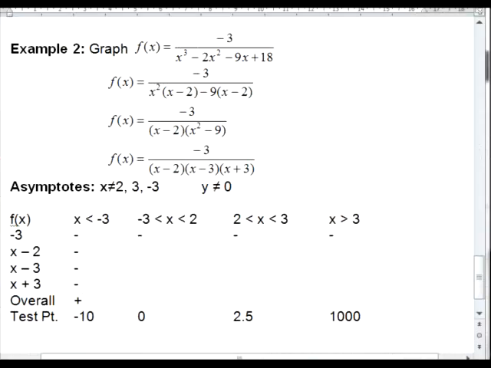For x equals 0, 0 minus 2 is a negative, 0 minus 3 is a negative, and 0 plus 3 is a positive. So it's going to be 3 negatives and a positive, which is going to end up being negative. Okay. 2.5. 2.5 minus 2 is a plus. 2.5 minus 3 is a negative.